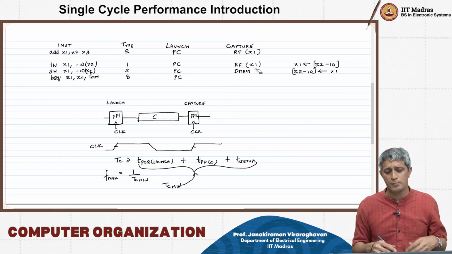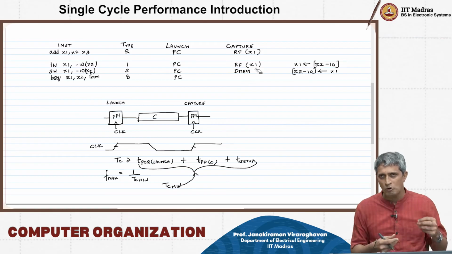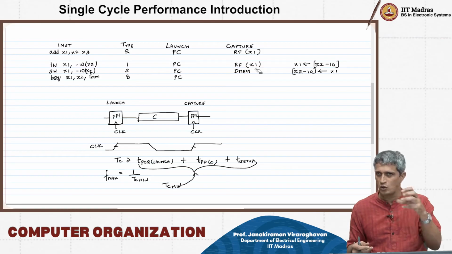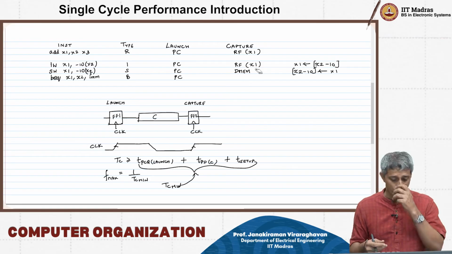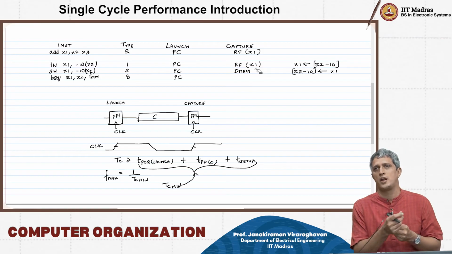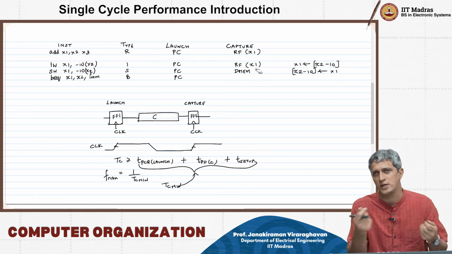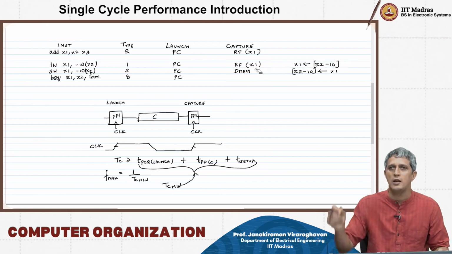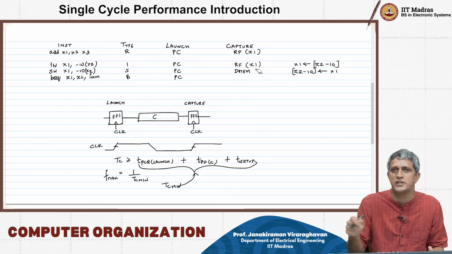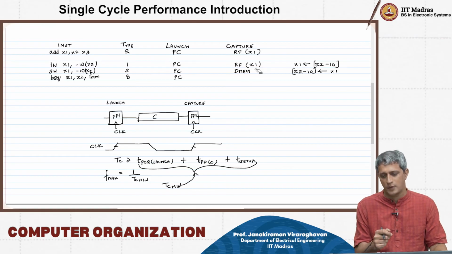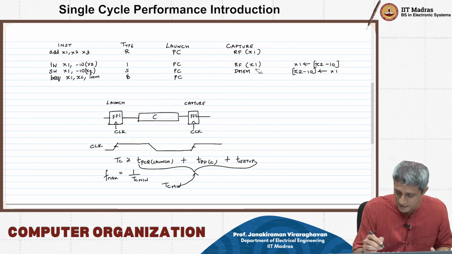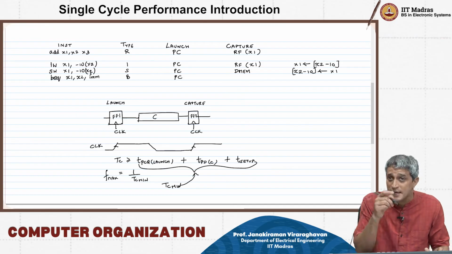Finally, you are trying to do the branch on equal. So you are now taking x1 and x2, you are going to compare them, and then you are going to say, okay, if x1 is equal to x2, then make PC equal to PC plus IMM, and therefore in this case the PC is the launch flop.